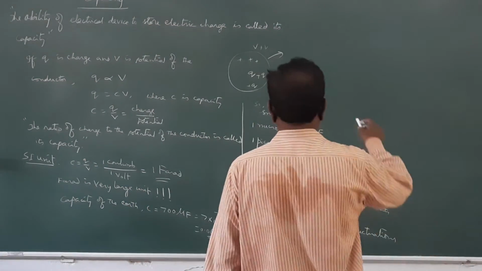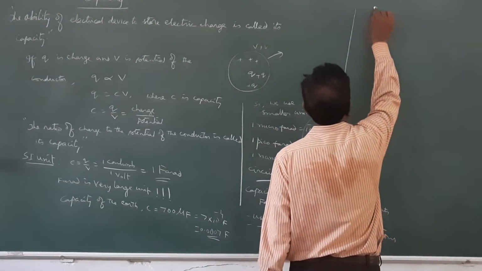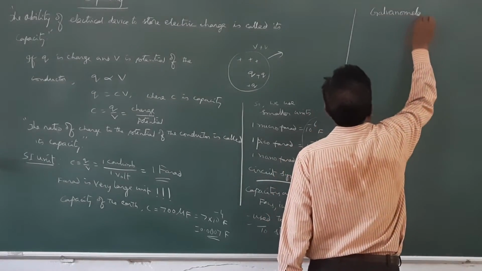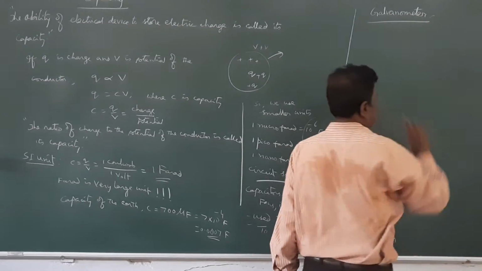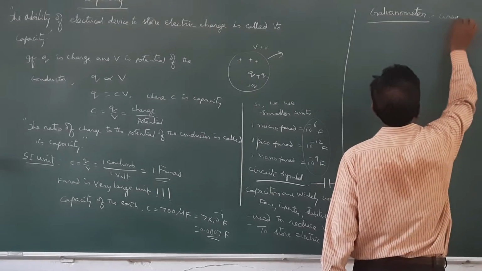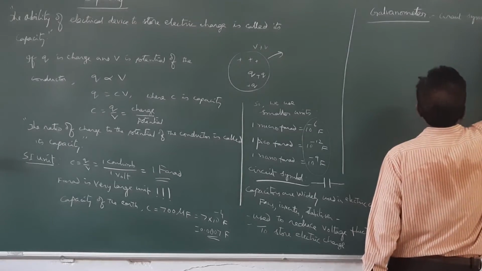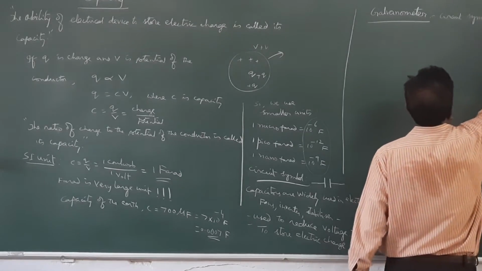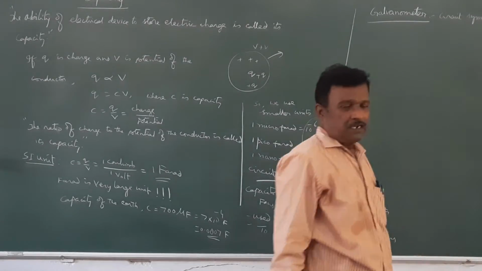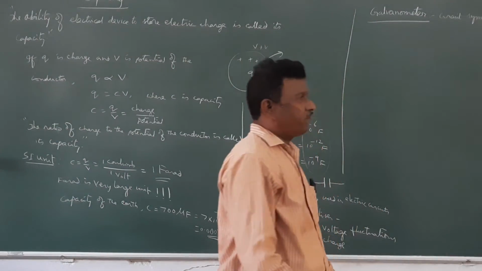Now, that is about the capacitor. Let us have another device called galvanometer. This galvanometer is generally represented by a circuit symbol like this, in the form of G. Now, what is the use of a galvanometer?